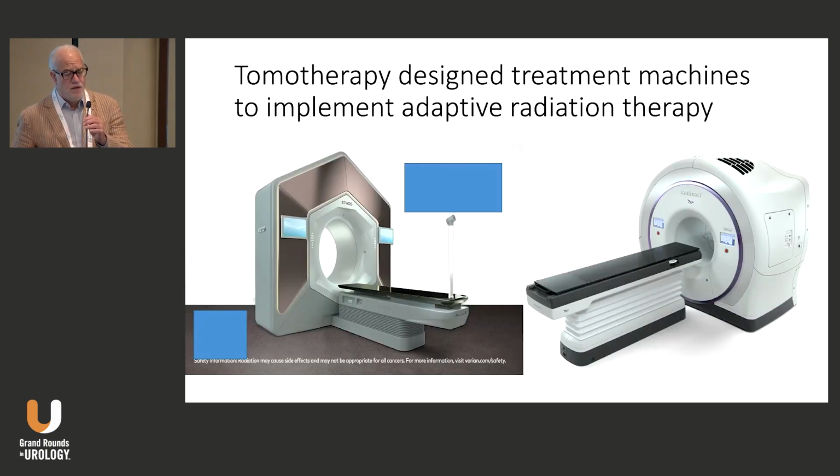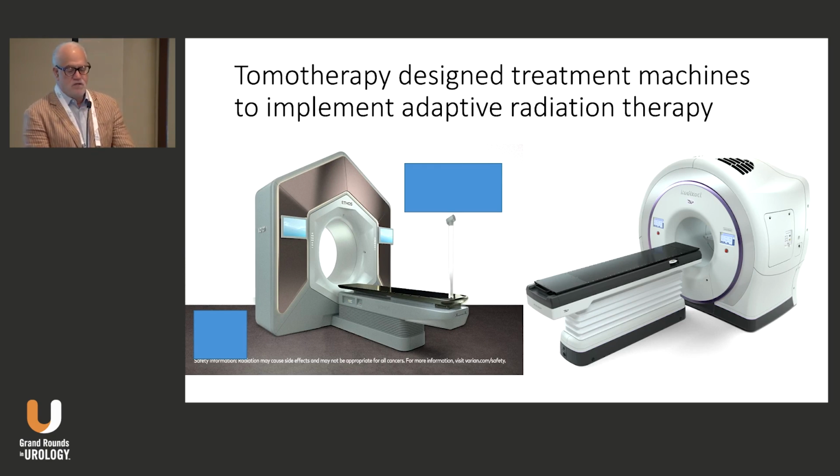So these are the most common units now being used, although I think that adaptive radiation therapy will probably be implemented with standard linear accelerators. But for now, the two main units are made by companies, and they're basically tomotherapy units. What that means is that it has CT scan capabilities, and it's a linear accelerator that's rotating around just like a CAT scan.